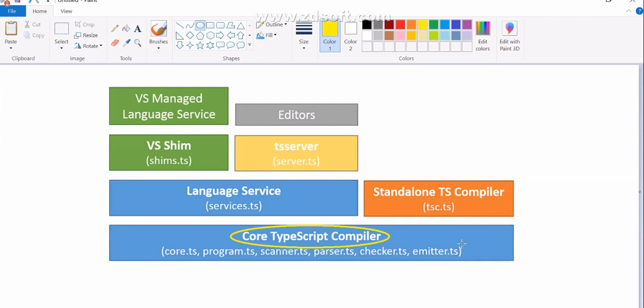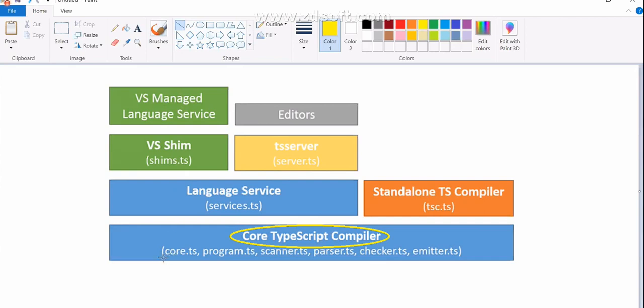It checks the problems in the code that you have written, and it will report if there are any problems in the code. So that is the purpose of the core compiler. It is again managed by several files.